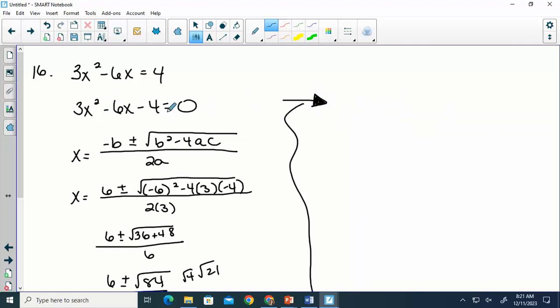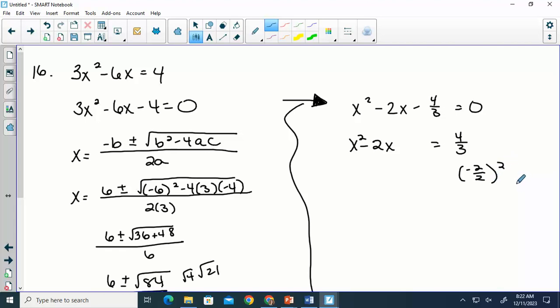So we would first divide everything by 3. We always move our constant to the other side. So then we do the middle term divided by 2, squared.